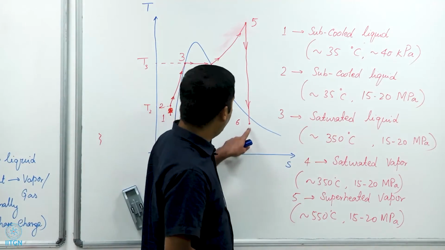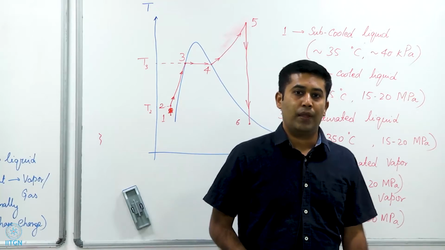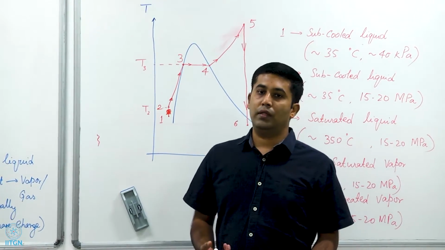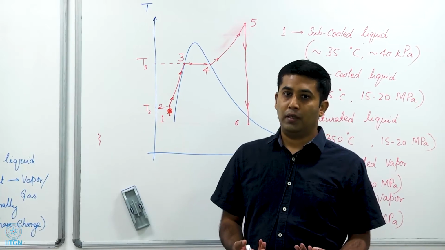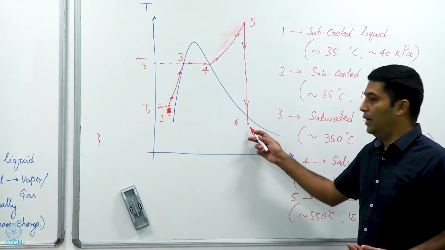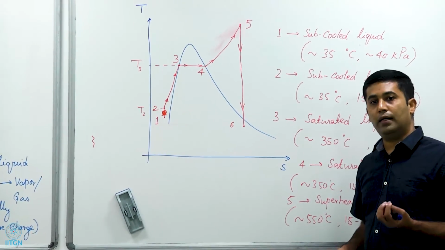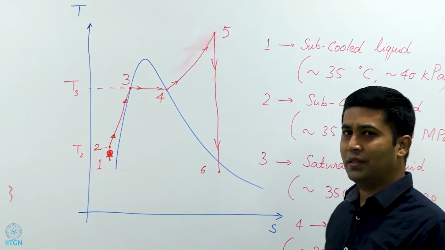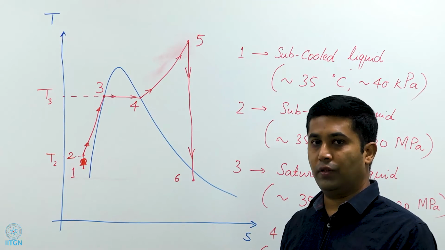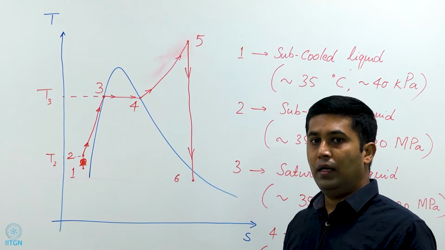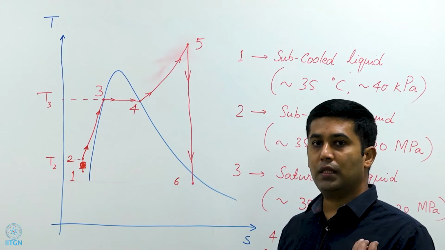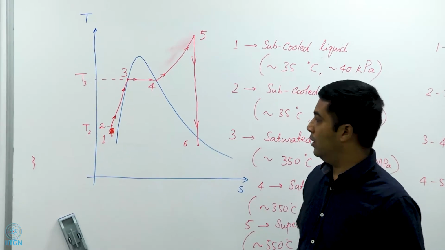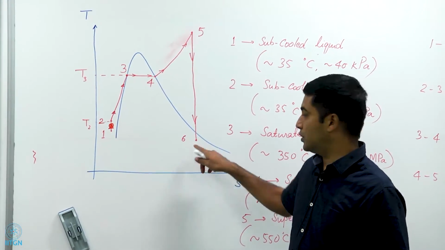And we end up at a state 6, which is at or just inside the vapor dome. In other words, it's either a saturated vapor with vapor fraction 1, or it is a liquid vapor mixture with a quality of 90% or greater, and that is what 6 is.